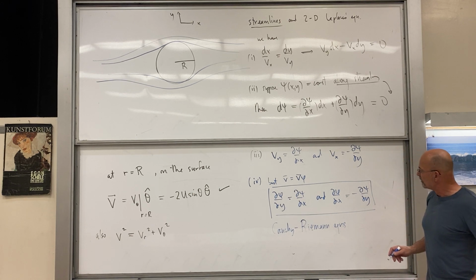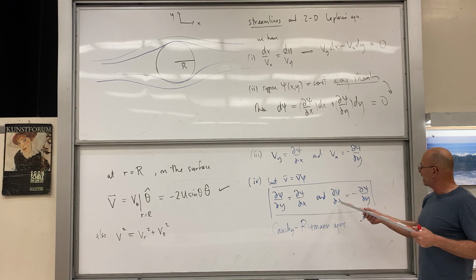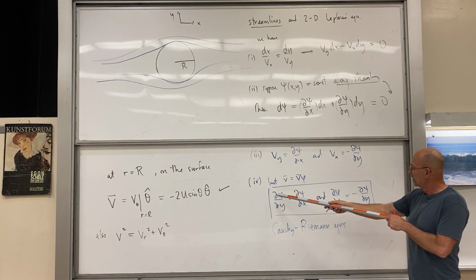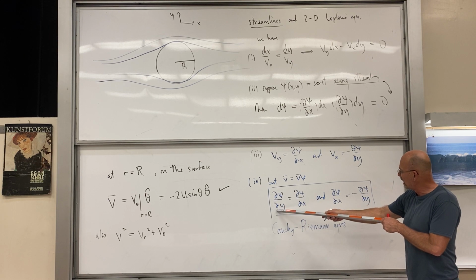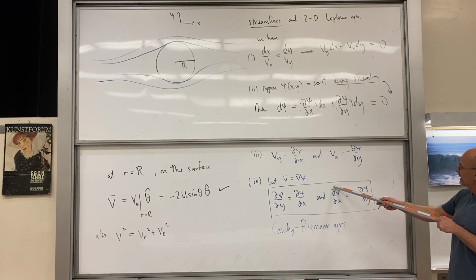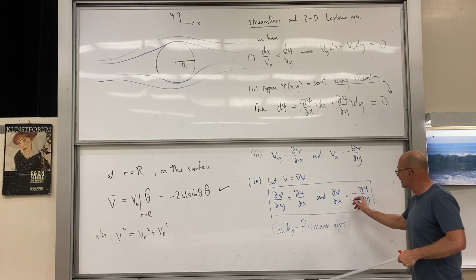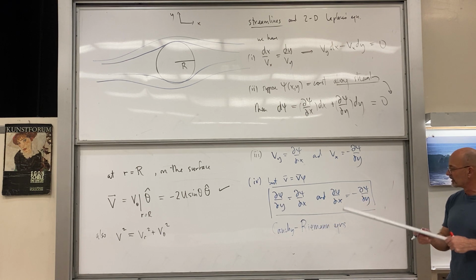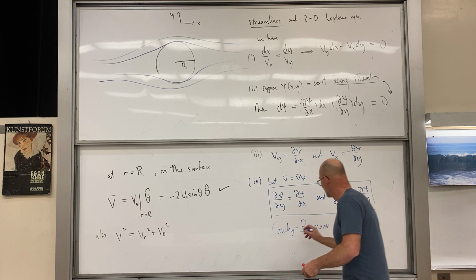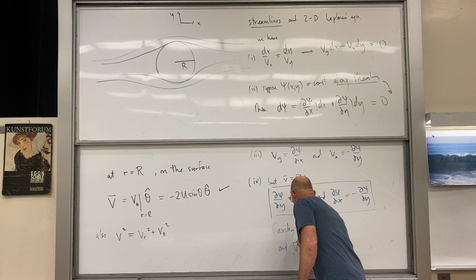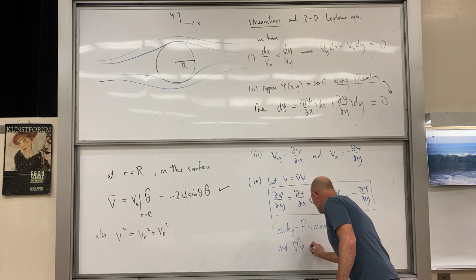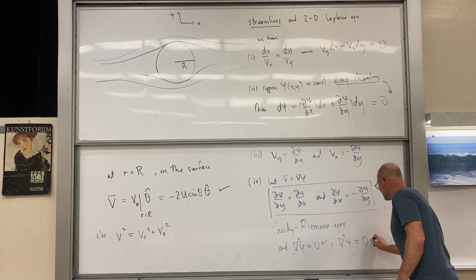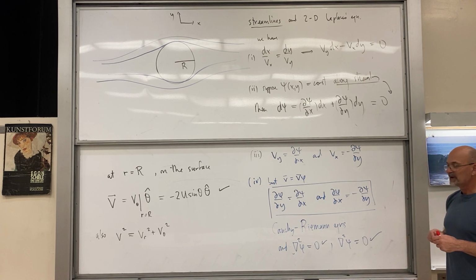And in fact, both of these functions, phi and C, will satisfy Laplace's equation, because if you do d squared phi dy squared plus d squared phi dx squared, you'll just get these mixed partials, one with a minus sign in front of it, add up to 0. So Cauchy-Riemann equations and del squared phi equals 0 we already had. Del squared C is equal to 0. Okay. So that's pretty interesting.